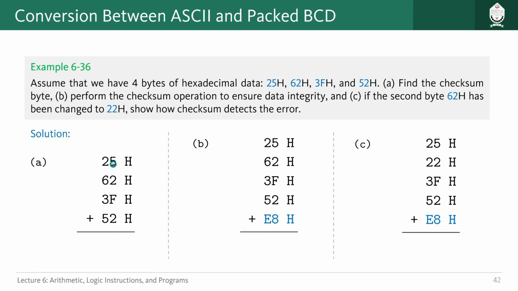So 5 plus 2 plus F is equal to 15, plus 2, which is equal to 24. If that is 24, we have to discard 16 from that. So if I discard 16 from 24, what are we going to get? 8, right? So 8 should be there.